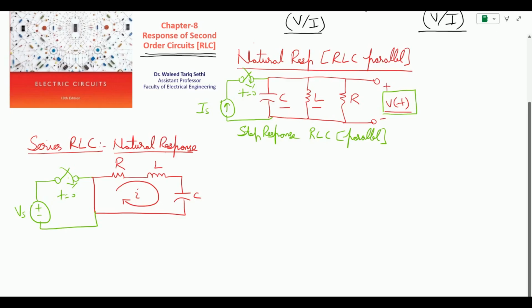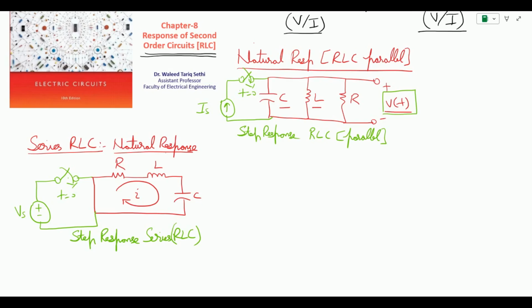So when we abruptly connect a DC voltage source to this series RLC combination, we say that now we are going to do the step response analysis of this series RLC circuit. And again, we are going to begin our analysis by finding the unknown current variation or expression, since it is common between these elements.